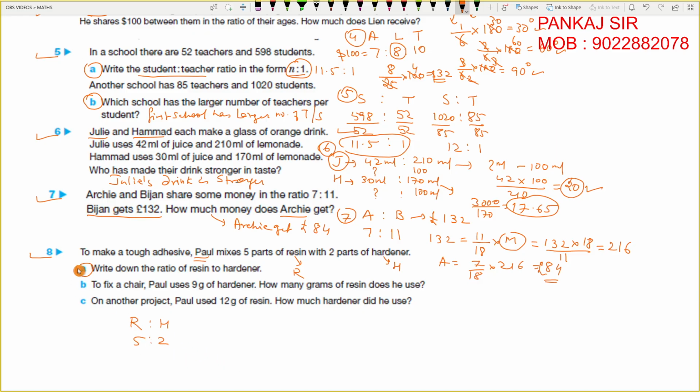Part A is to write down the ratio of resin to hardener. So the ratio of resin to hardener is 5 to 2. Part B: to fix a chair, Paul uses 9 grams of hardener. How many grams of resin does he use?